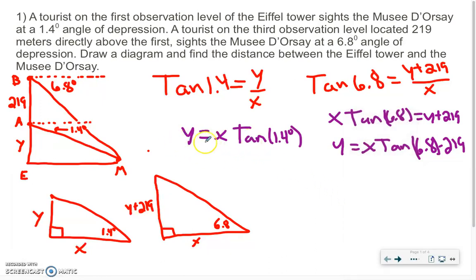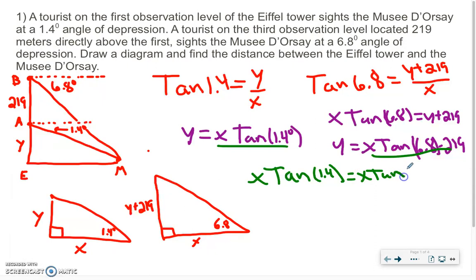I'm just going to set this expression equal to that expression. So X tangent of 1.4 degrees equals X tangent of 6.8 minus 219. Boy, the handwriting on this thing is hard. So I just solve for X.